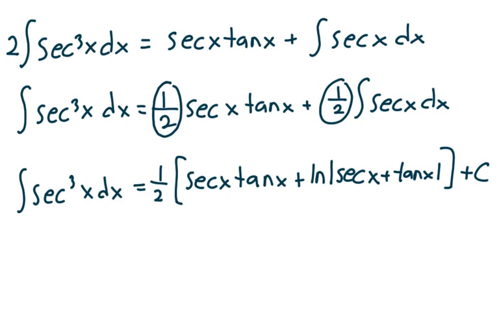And that's going to conclude this video where we did the integral of secant x and the integral of secant cubed x dx, with respect to x. Okay, thank you.